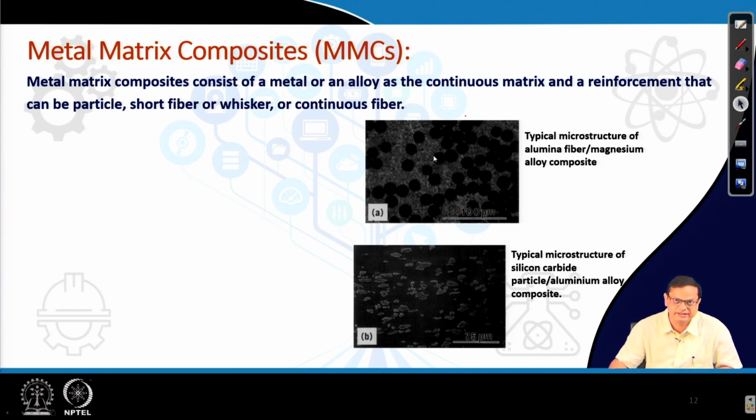So, here is an example of a metal matrix composite reinforced with fibers. Similarly, in the below microstructure you can see an aluminum alloy matrix which is reinforced with silicon carbide particles. And the basic idea is again the same, to improve mechanical strength.